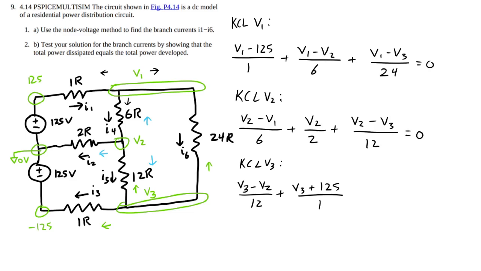And just V3, yeah, okay. Plus V3 minus V1 divided by 24 equals 0. Alright.